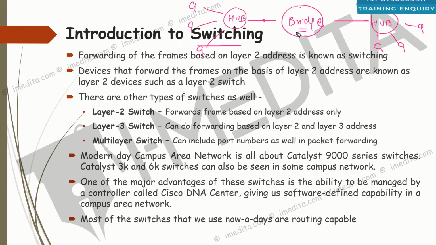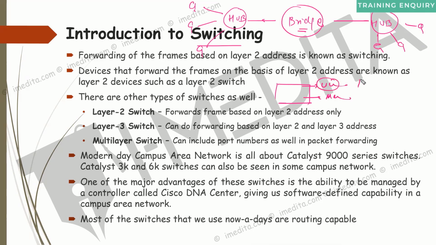So bridge and hub were the devices being used in earlier networks. But nowadays, you will not see the use of hubs or bridges in the network. In a modern day network, there are two types of switches: switches that you can manage, and switches that you cannot manage. One is called unmanageable switches, and one is called manageable switches.